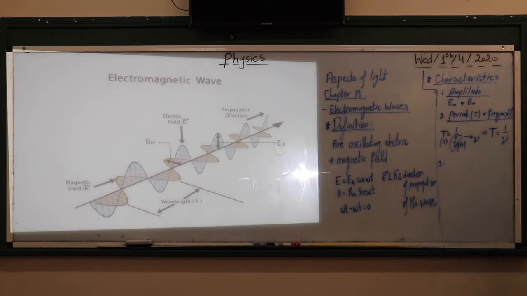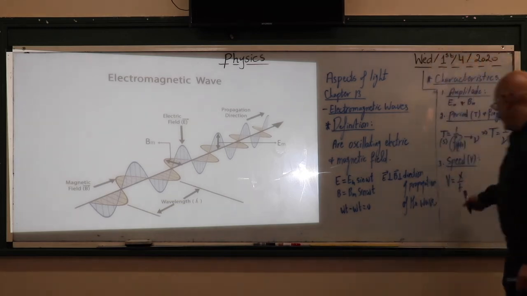Three, it has a speed V. It has a speed because it moves from one place to another. And as you know, the speed of the wave is equal to x over t, where x is the distance covered by the wave during time t.